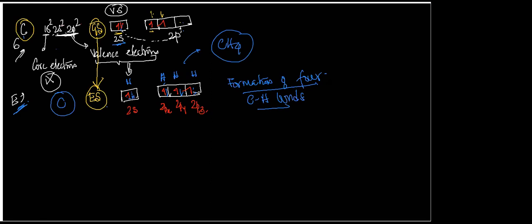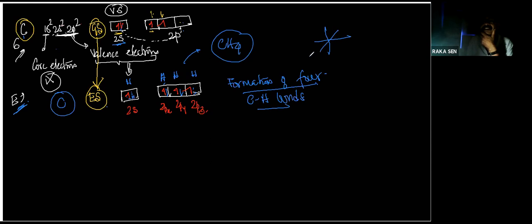Right. Now, if you remember the shapes of these 4 orbitals. You have got, for example, X, Y, and Z. This is my X, this is my Y, this is my Z. Then my s orbital will look like this.